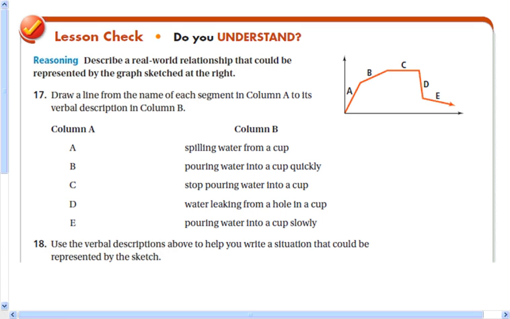I think we are pouring water into a cup quickly. I think that would work. B, I think pouring water into a cup slowly. C, I think that's stop pouring water. That's C, sorry.